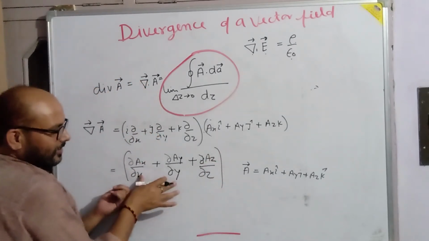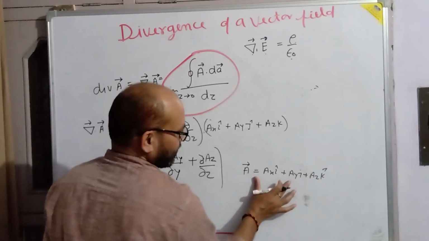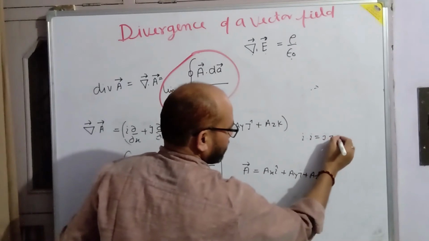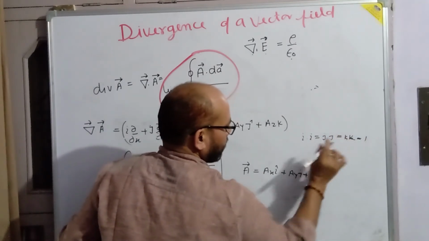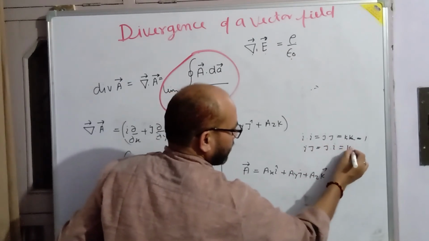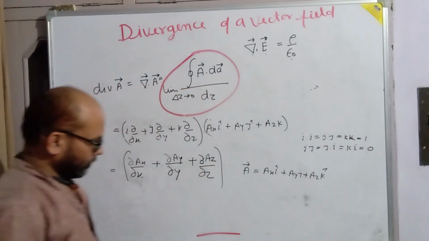अब this field is a scalar field, this is a scalar and this is a vector. You note down कि i dot i, j dot j, k dot k equal to 1, right? i dot j, j dot i, k dot i, etc. equal to 0, right?